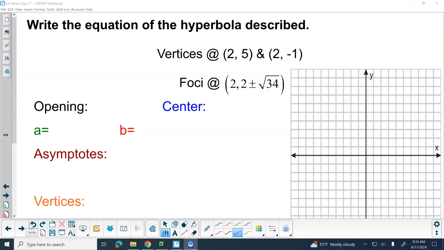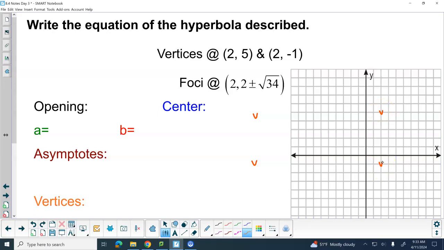So, if you don't have a graph, you could always do this kind of like, okay, so we've got 2, 5, so we've got a vertex up here, 2, -1, we got a vertex right down there. You know what I mean? You can just figure out where they are in your brain or on a little sketch on the side of your paper. If you do have a graph, then you would have 2, 4, and 5, so there's a vertex there, there's a vertex there. Okay?